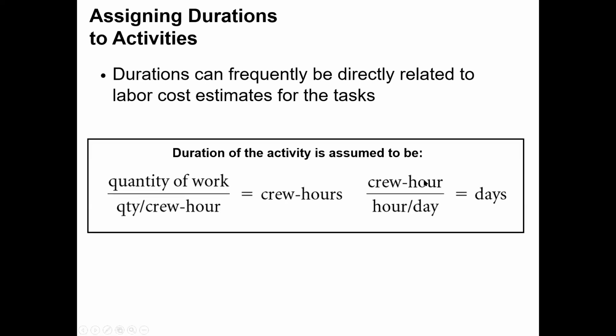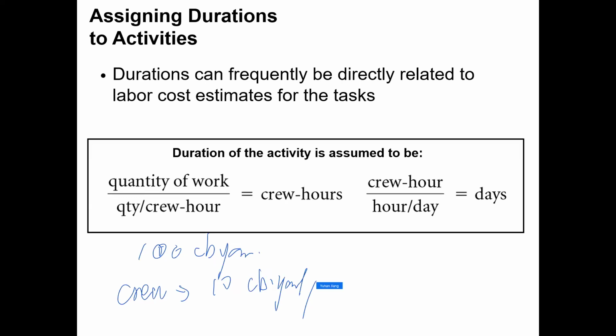For example, you have 100 cubic yards to do an excavation, and your crew productivity is 10 cubic yards per hour.